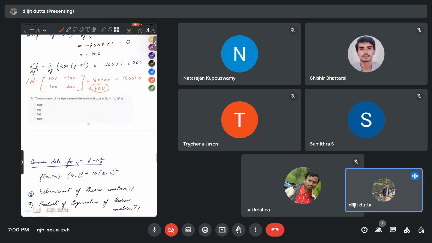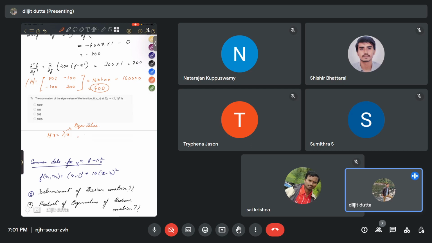Now we have to find the summation of the eigenvalues of the function, so the eigenvalues of the Hessian matrix. How do we get that? We have this Hessian matrix. We will get Hx equal to lambda x, where lambda is the eigenvalue.